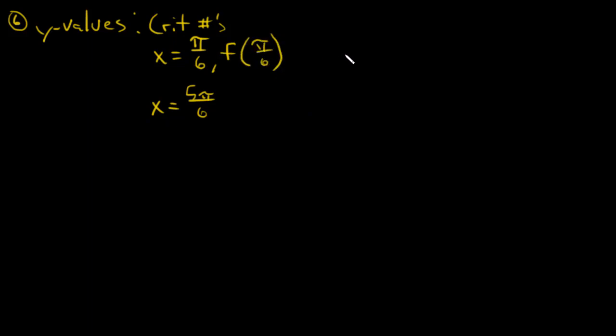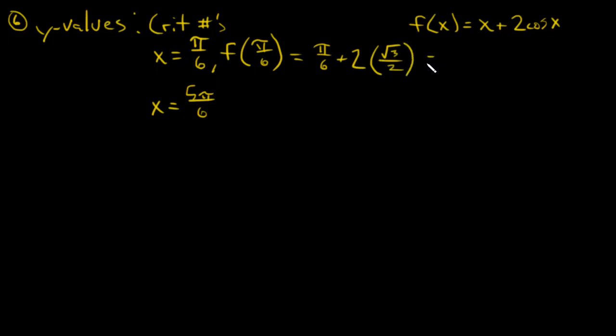Well, what was f? F was, let's see if we look back, f of x equals x plus 2 cosine x. Okay, so this is going to equal pi over 6 plus 2 times, what was the cosine of pi over 6? Well, that was root 3 over 2. So I'm going to get pi over 6 plus root 3.